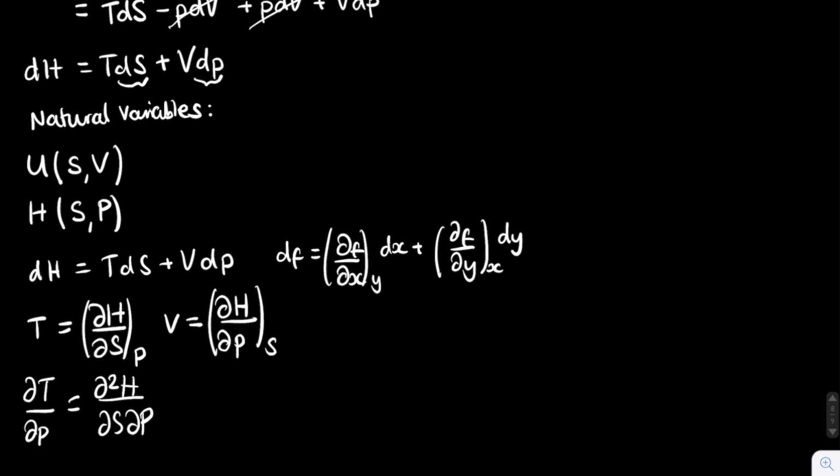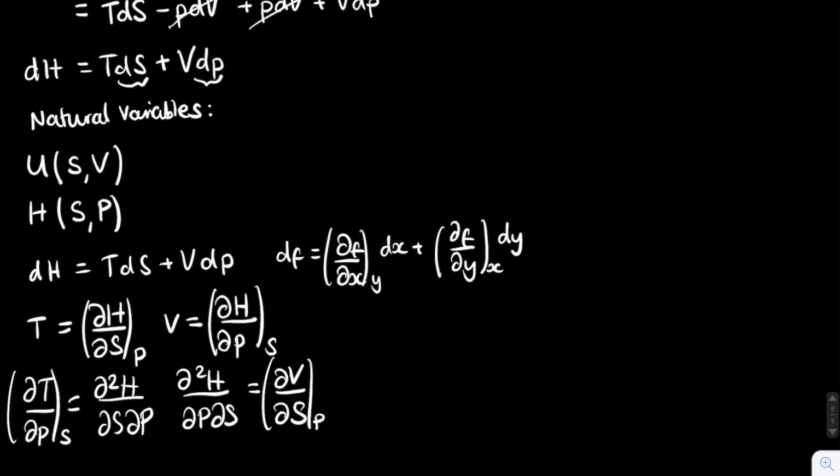But what about this volume? What if I differentiate the volume with respect to entropy? d2H by dP dS is equal to dV by dS at constant pressure. This should be at constant entropy, that should be at constant pressure.